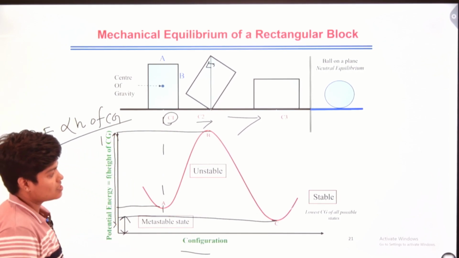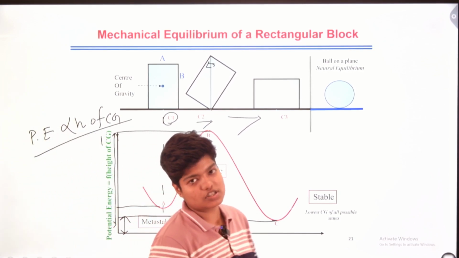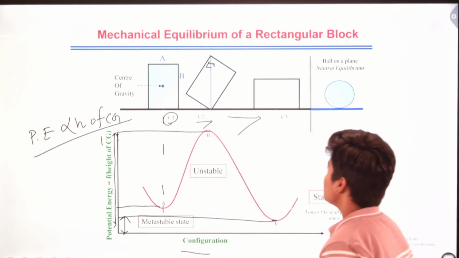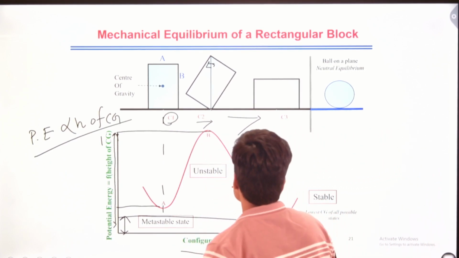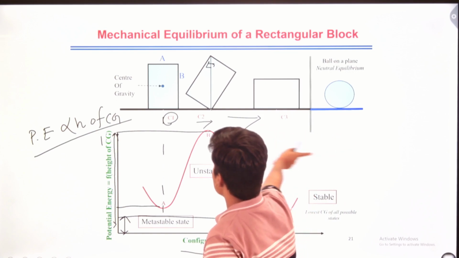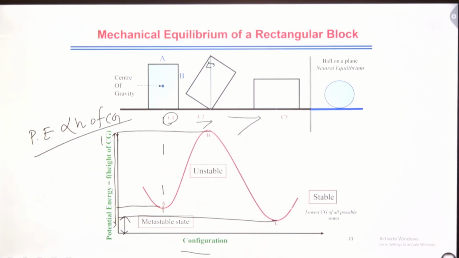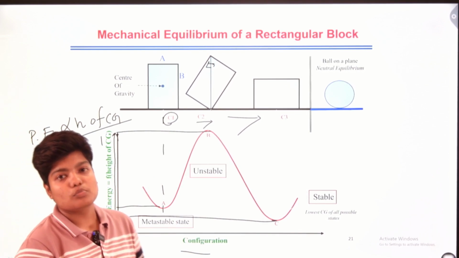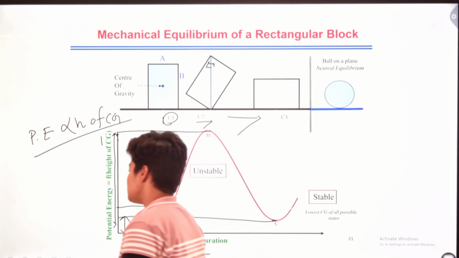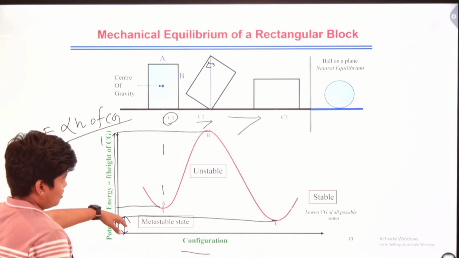Less potential energy means a more stable state, because the height of the center of gravity is the lowest among all three configurations. So here we can see how the stability changes according to the height of the center of gravity. We can see this in this graph.